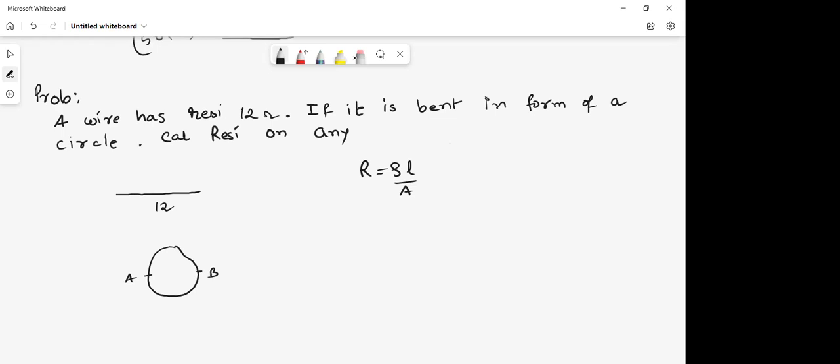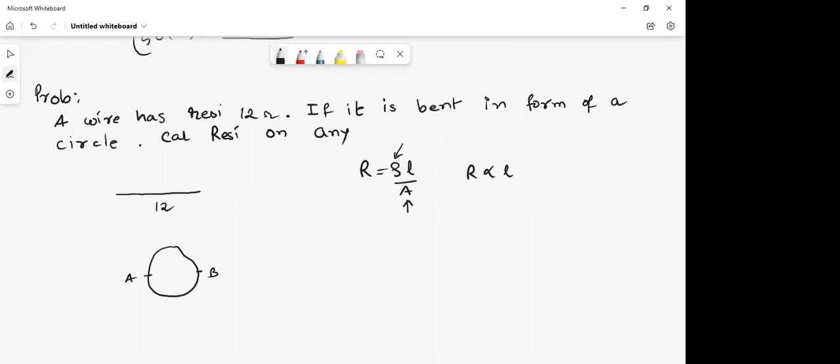So the total wire is now divided into 2 equal parts because a diameter divides any circle into 2 equal parts. So the first one is a semicircle, because we know if a resistor has its resistivity and cross-section area the same, then resistance is directly proportional to length.